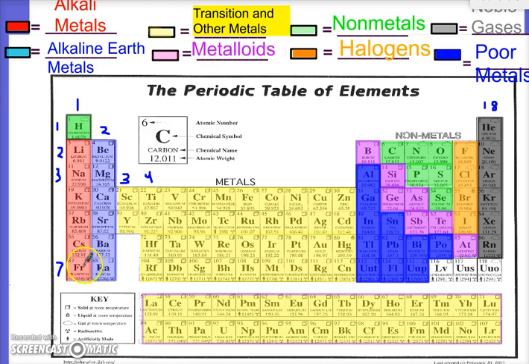The same thing goes for this row. 87, 88, 89 is down here, all the way to 103, and then 104 picks up right here. So really, this is all part of period 6 and 7. What they did was they just took a section of the periodic table and they put it down here. Otherwise, the periodic table would be way too long and would not fit on the page.